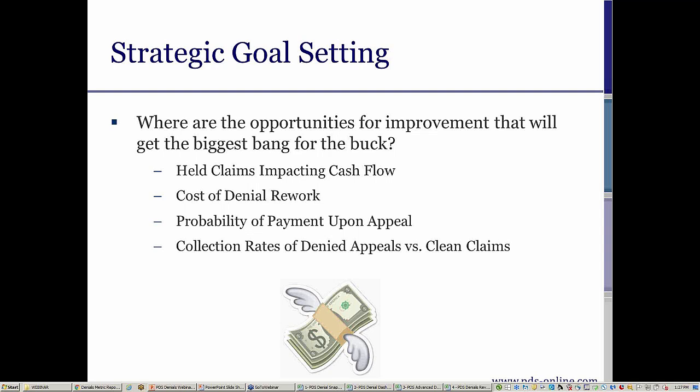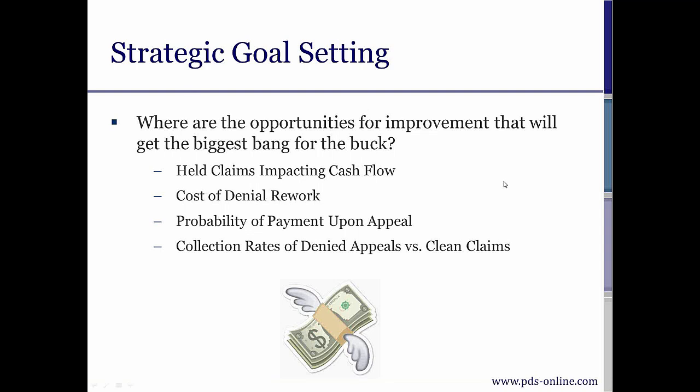Can we drive those costs down? And what's the probability that even with all of the work we put forth, we're going to get paid or we're not going to get paid? We have to really focus in on the efforts that we, through due diligence, have found will provide the highest likelihood of being paid. And then, of course, how's that going to impact our overall collection rate?